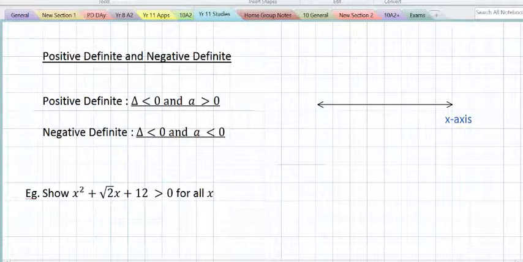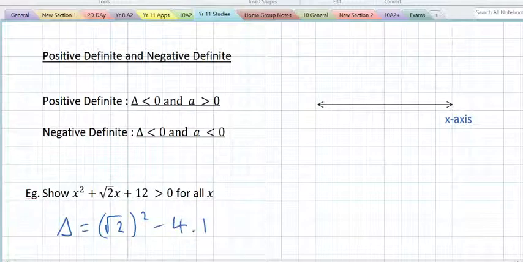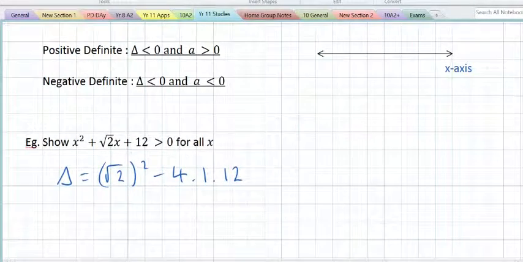Now we need to do the discriminant. So, discriminant is equal to b squared, so root 2 all squared, minus 4 lots of a, which is 1, lots of c, which is 12. Equals 4 minus 48.